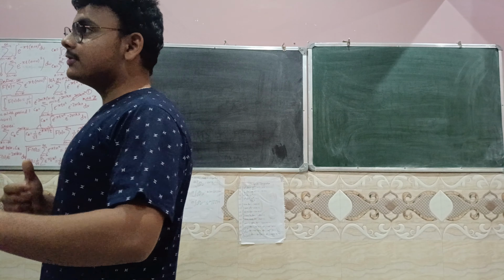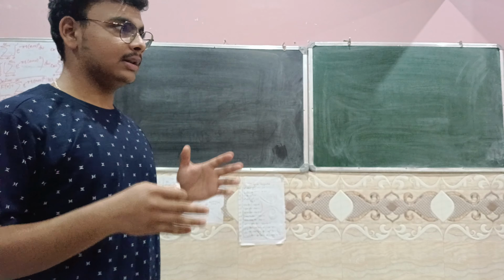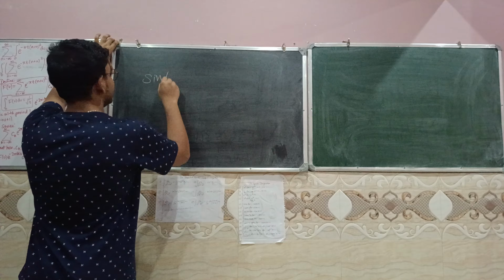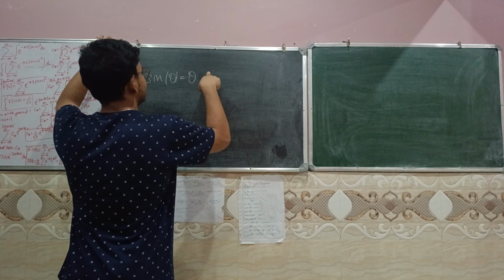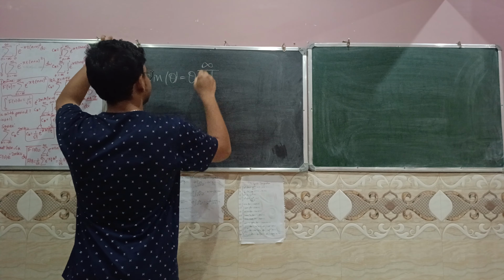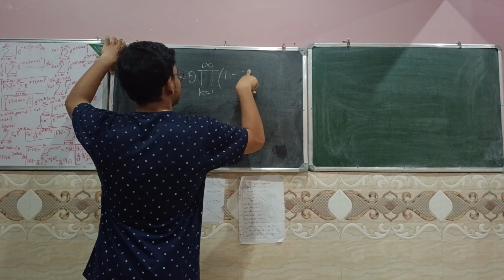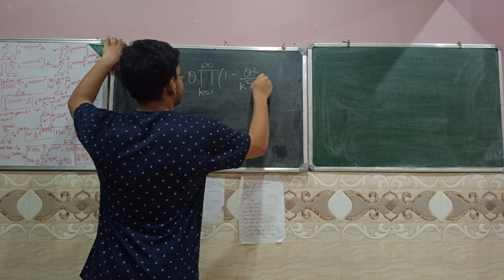Well, as we have talked about the proof of Euler's infinite product, that was something sort of this thing. Oh, I'm sorry, it's 1 minus theta squared over k squared pi squared.